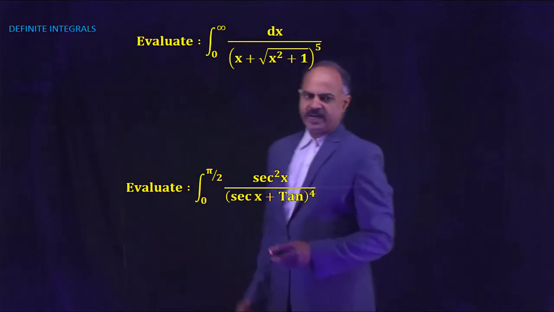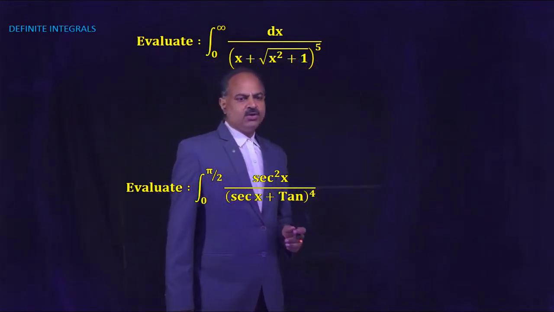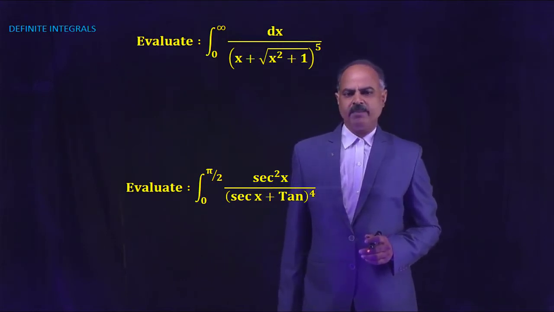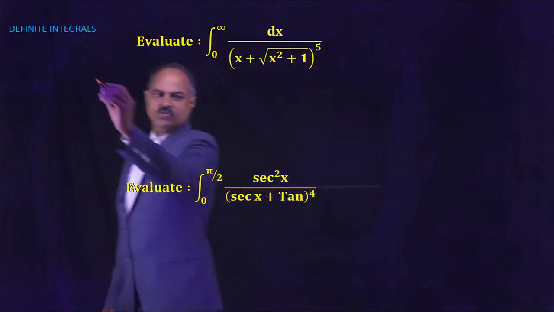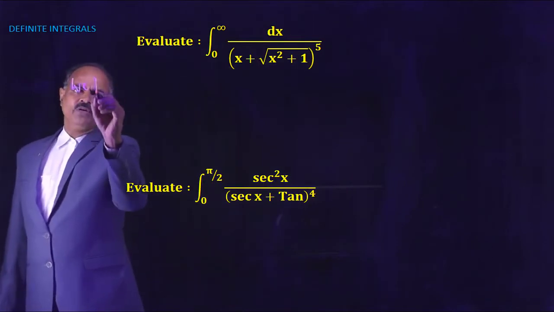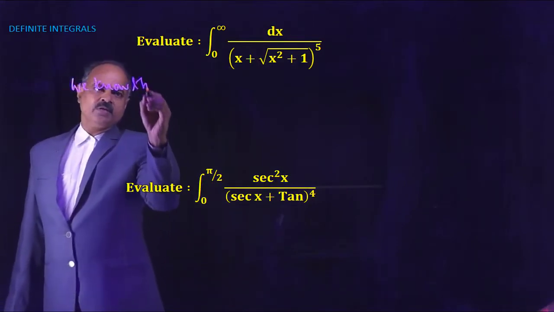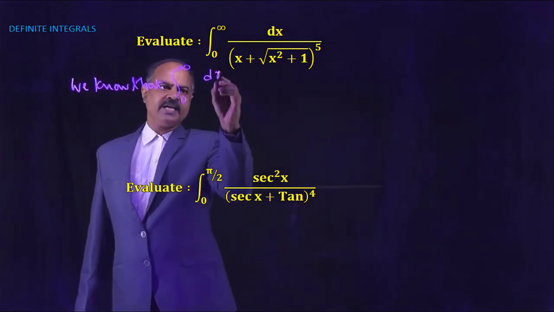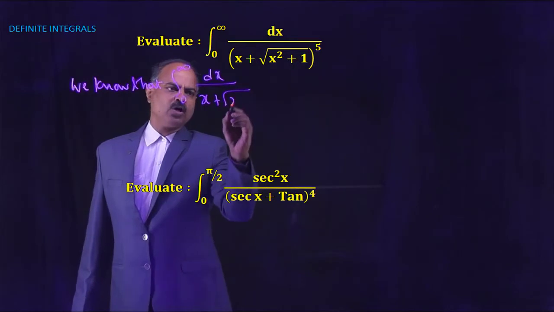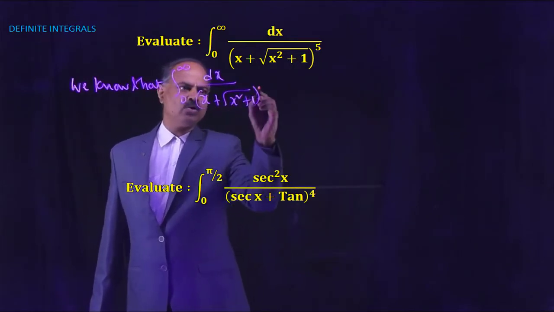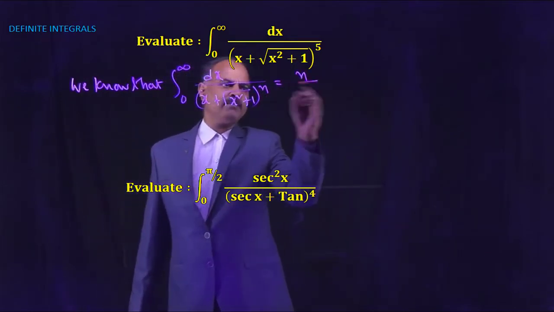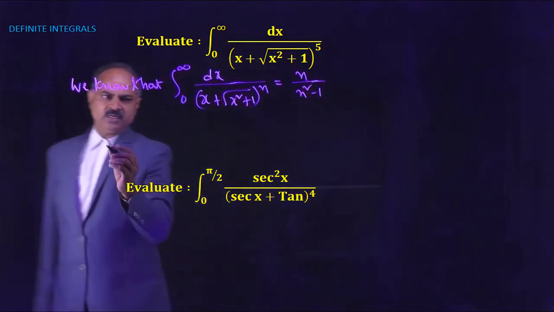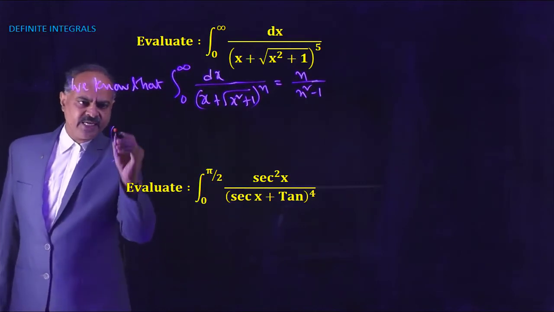Next, suppose for example, the integral from 0 to infinity of dx by (x plus root over x square plus 1) to the power 5. We know that the integral from 0 to infinity of dx by (x plus root over x square plus 1) to the power n is equal to n by n square minus 1.